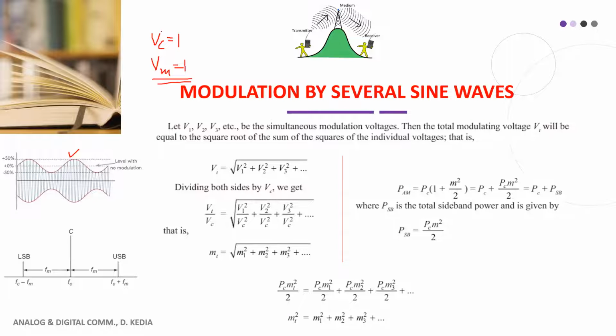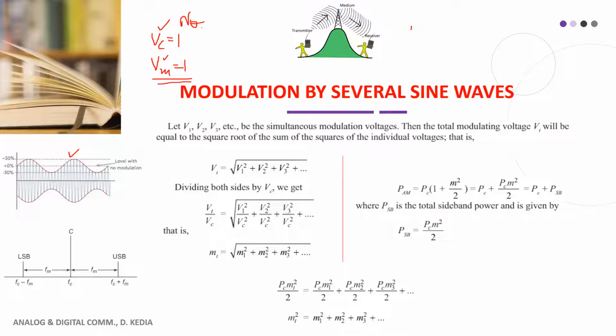Its amplitude is something, but I'm representing here as VC and VM the number of carriers and the number of modulating signals. Now it may be possible that we have one carrier, but there are many modulating signals that I want to transmit from one user only.